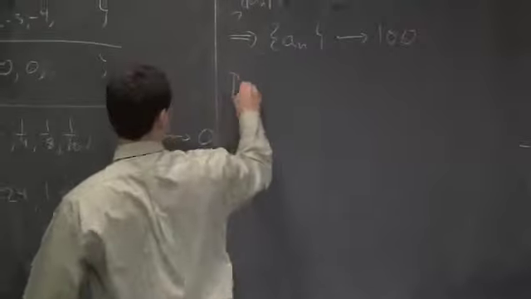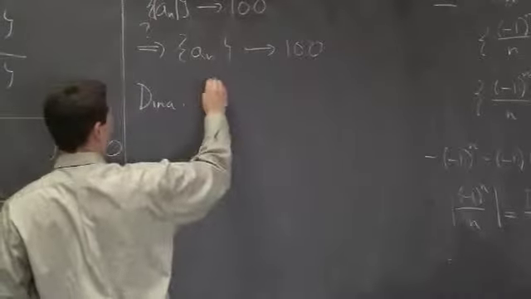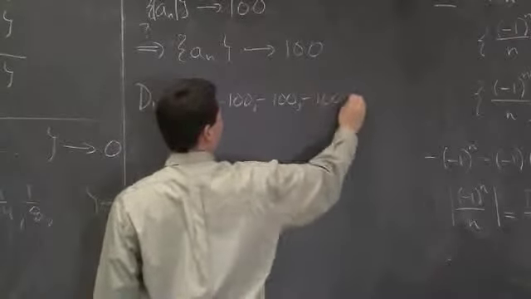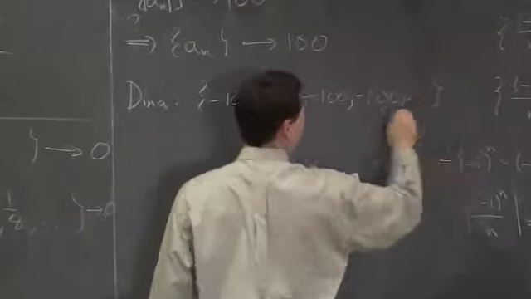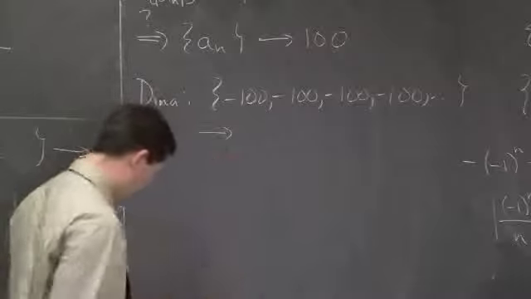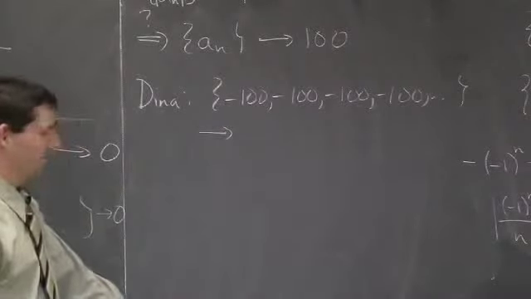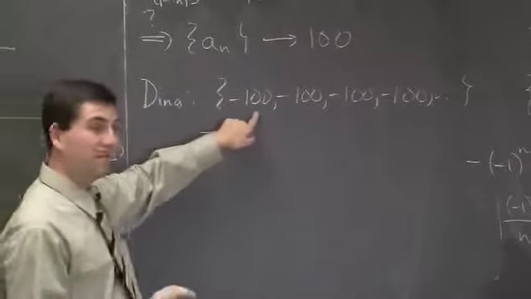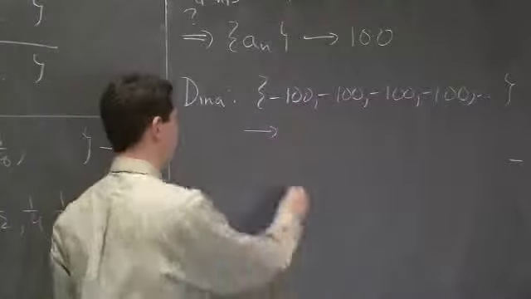So Dina suggests negative 100, negative 100, negative 100, negative 100. What does that converge to? Yeah, remember that was the last property we had down here, that if eventually it stabilizes, then that's your limit. Well, this stabilizes immediately. So this converges to negative 100.